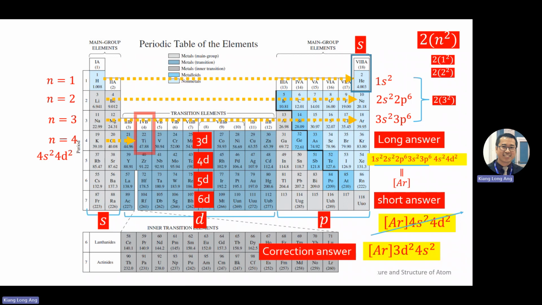So when family 1 and 2 are more willing to let go, they have a tendency to become positive, right? So positive charge, they are called cation. Negative charge, they are called anion.